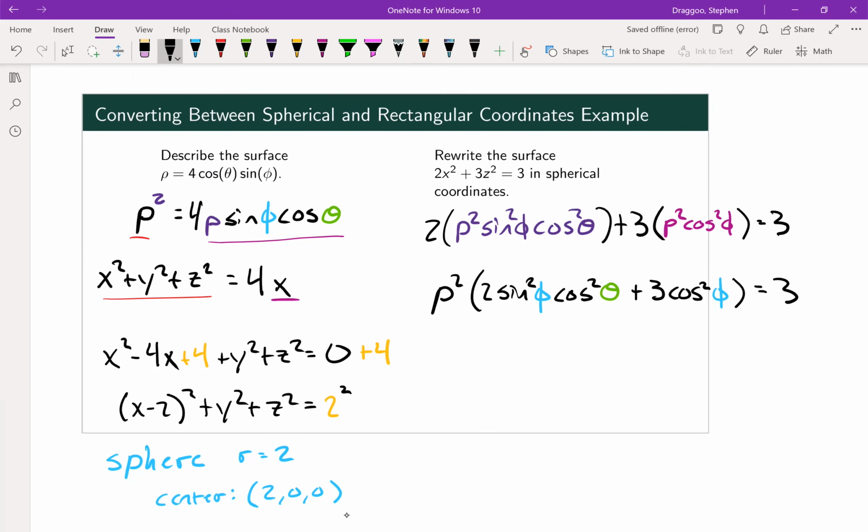And there's not much simplification to be done here. So I think we'll leave it right there.